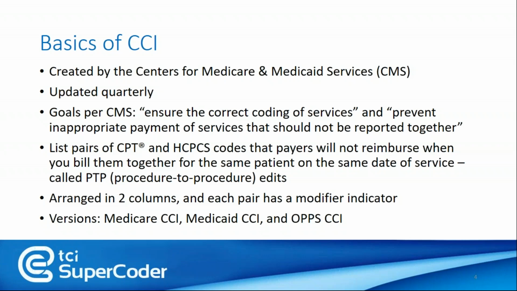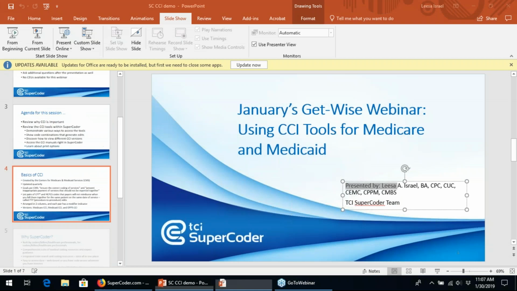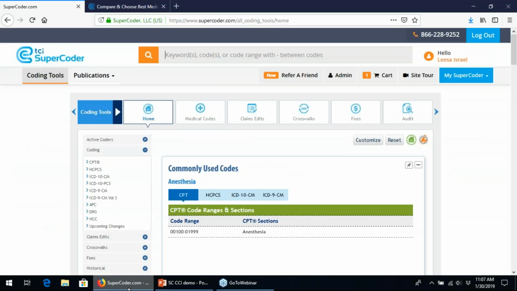If you haven't had a chance to take a look at that and test it out, I encourage you to do so. But we want to make sure that we have exactly the data that all of our customers need, and so we're continuing all the time to add tools and data into SuperCoder, and so Medicaid is one of our new and exciting tools. So I am actually going to go ahead and switch over now to SuperCoder.